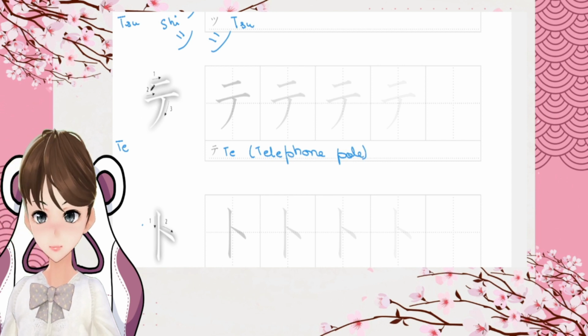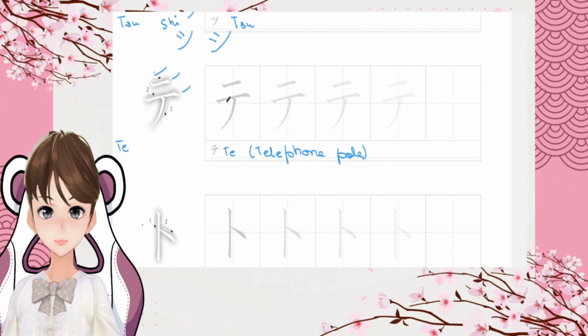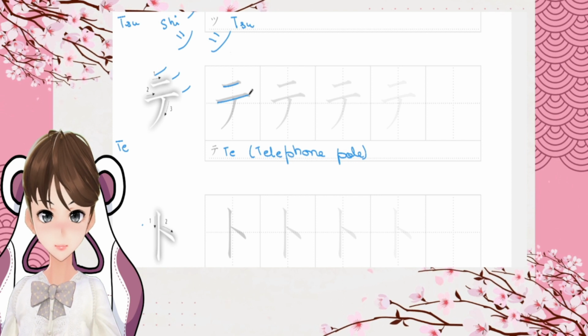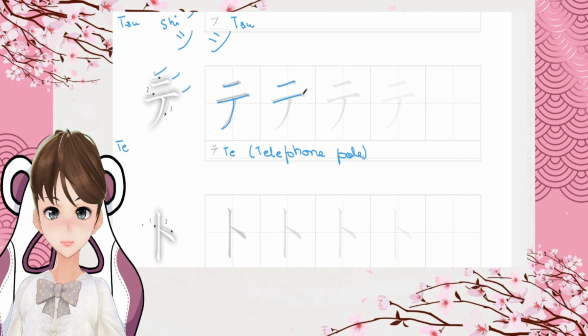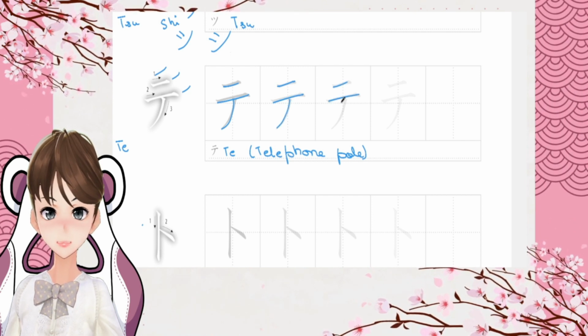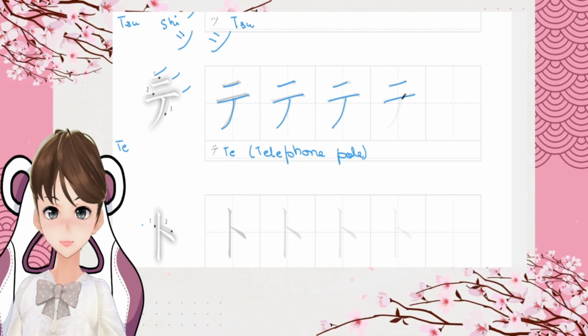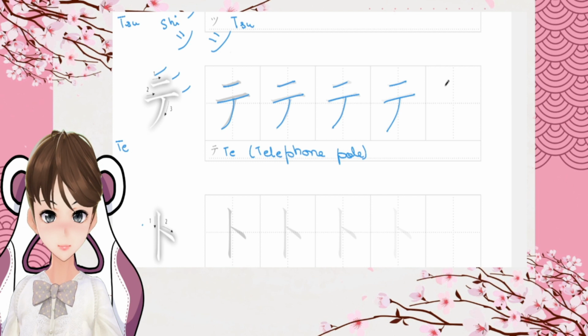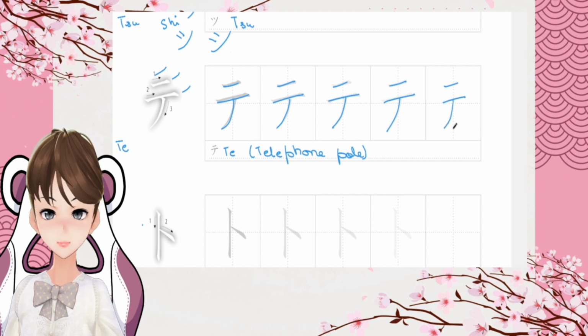So you see, it's almost like a telephone pole, and the wires are kind of going out there. So the way we write it is 1, 2, 3.